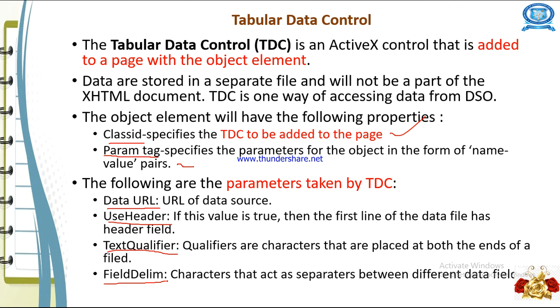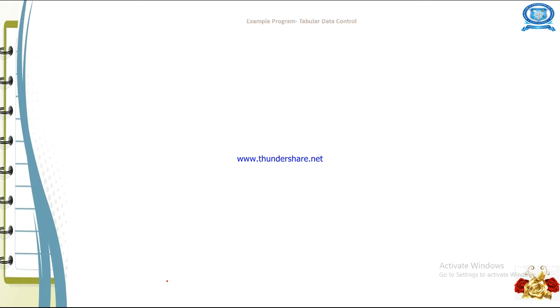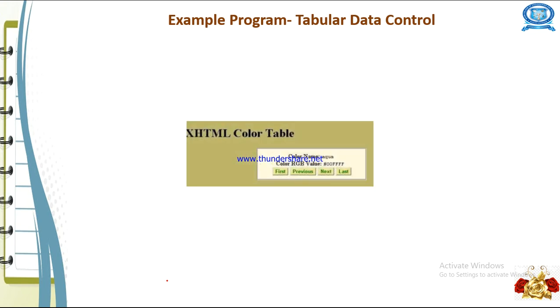Text qualifier is the character at both ends of a field, and the delimiter separates the different data fields. See one example program for the tabular data control. This is the output of this tabular data control program. Now I will explain this program through the online editor.